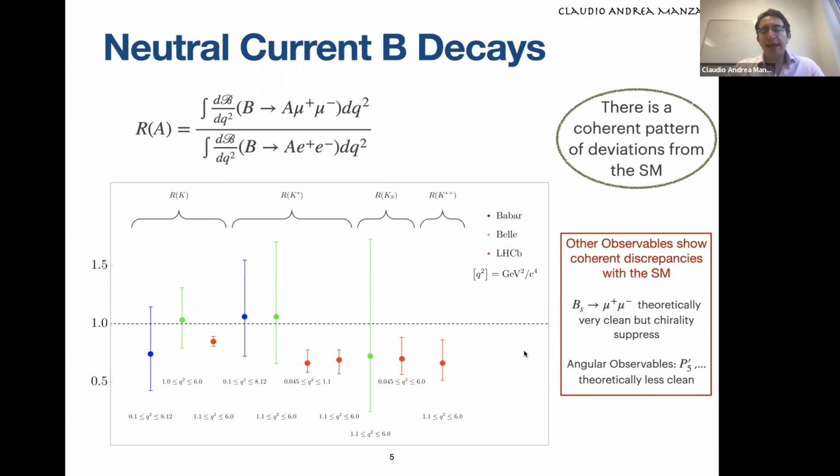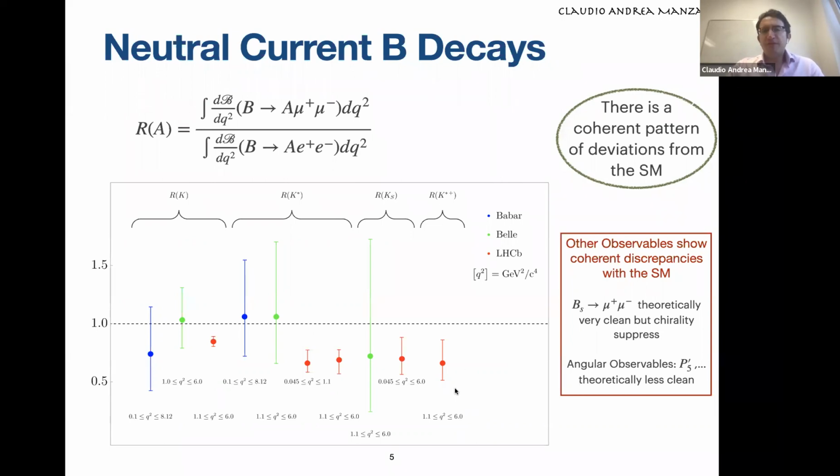Focusing only on the LHCb measurements, which are the ones in red and with the small experimental error, I think it is fair to say that a coherent pattern of deviations from the standard model stands out.